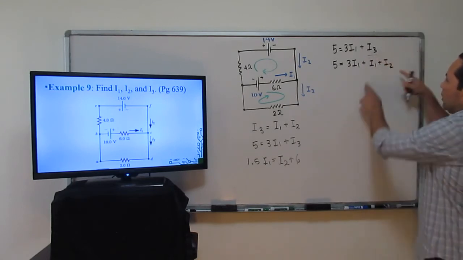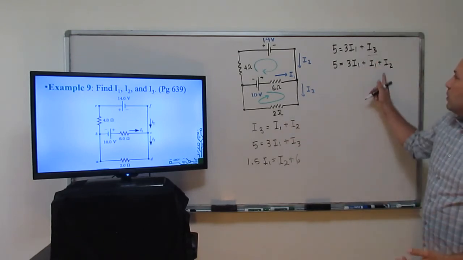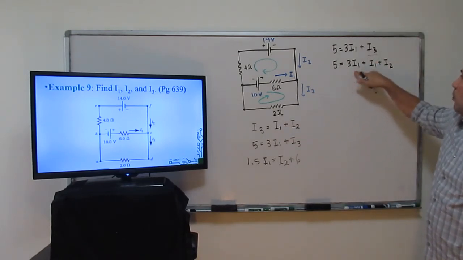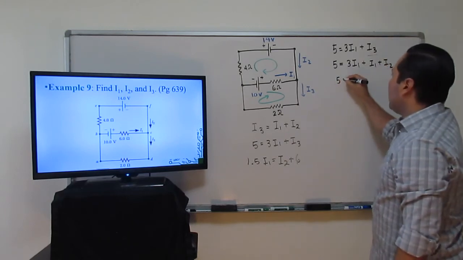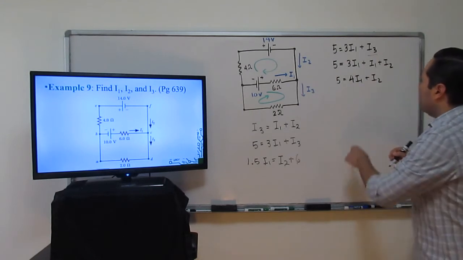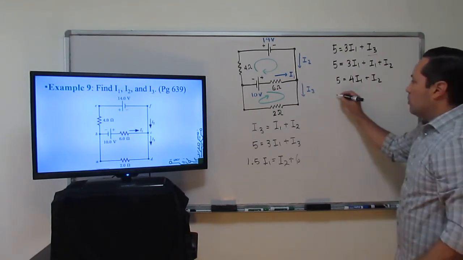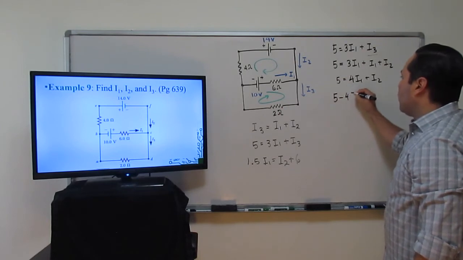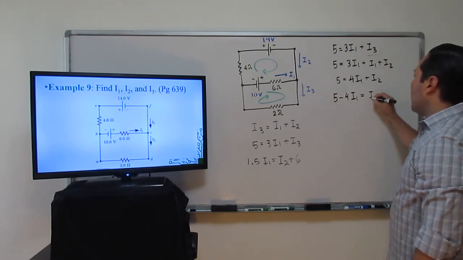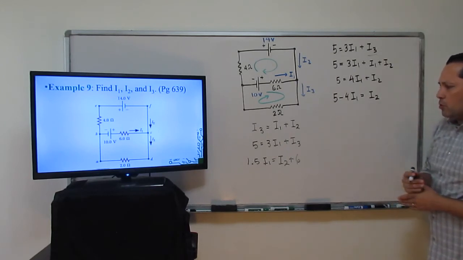Let's combine like terms and put both of these together: 5 equals 4I1 plus I2. Let's isolate the I2, move the 4I1 to the other side, so we end up with 5 minus 4I1 equals I2. All right, great.